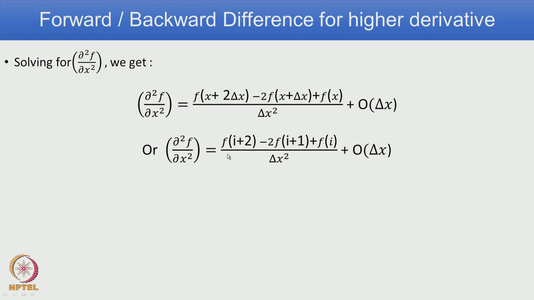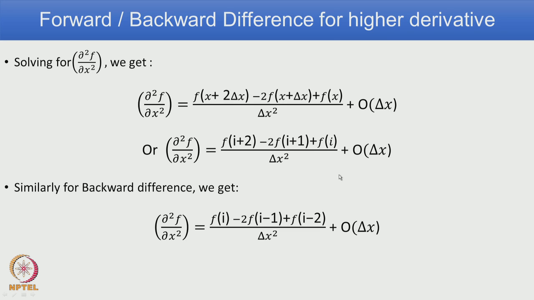And in i form it is written here: [f(i+2) − 2f(i+1) + f(i)]/Δx², and again of order Δx. Now, this is getting the second derivative in the forward direction, that is, i plus 2 and i plus 1 function values at these two locations are used. Just like we did for forward differencing in the case of the first derivative, here also we have an expression evaluated based on function values at i plus 2 and i plus 1.